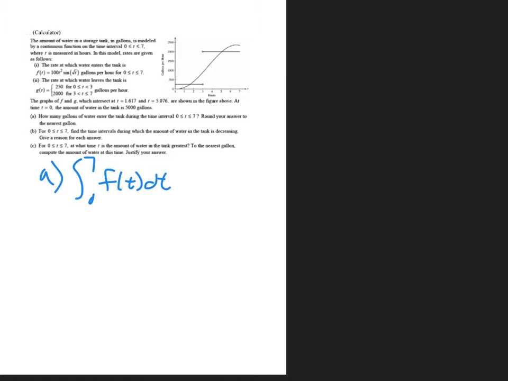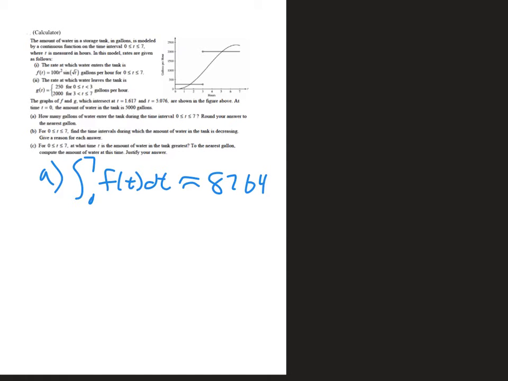This is a calculator allowed question, so type it into your calculator. Obviously you can't type f of t into your calculator, you have to type the actual function in. But when you do that, you get about 8,264.